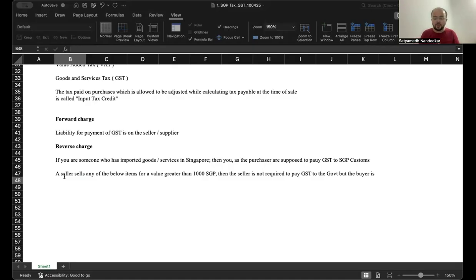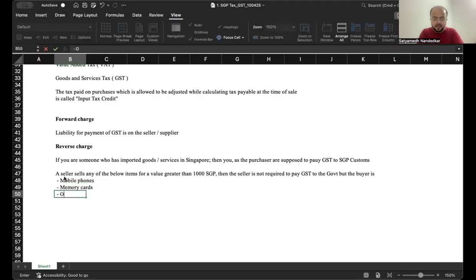Usually, the seller is supposed to collect GST and pay to the government, but in rare circumstances, the responsibility falls on the customer. These are certain items which are relatively sensitive in nature, or items which are more dangerous, so they should be scrutinized more in the hands of the buyer, not so much in the hands of the seller, which is why GST is levied on the buyer, not on the seller.